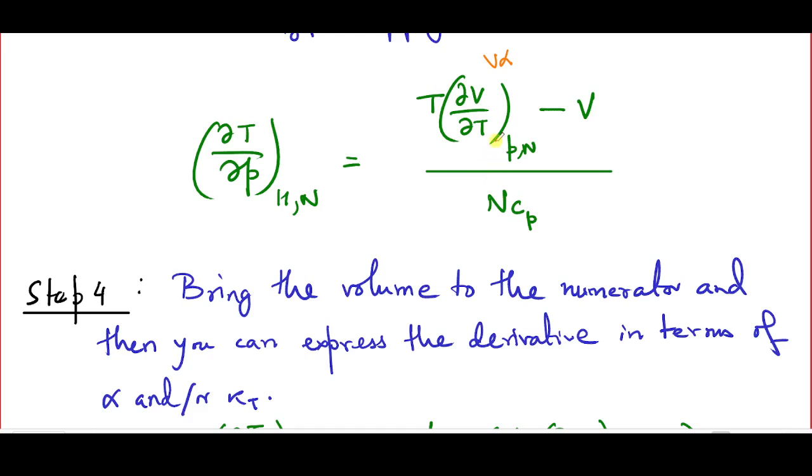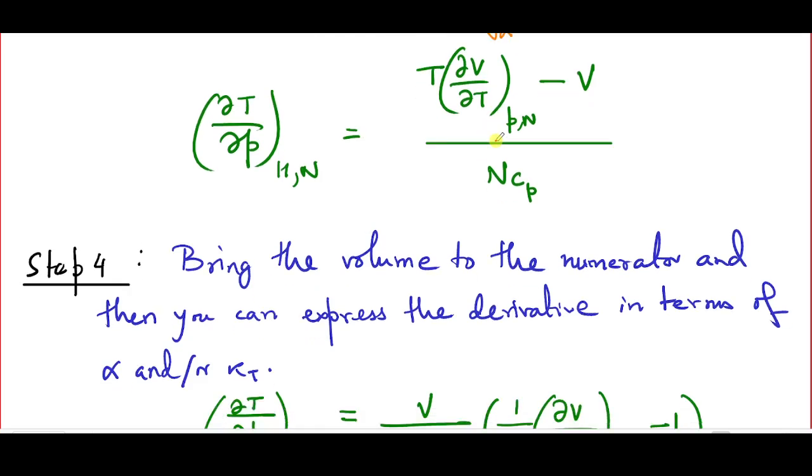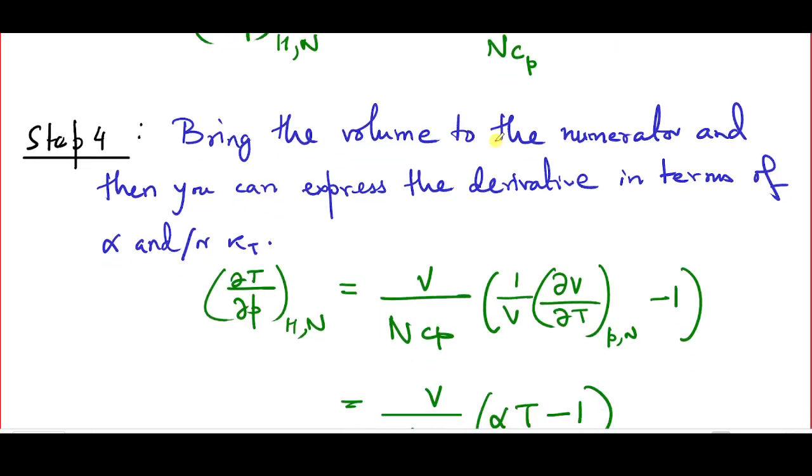So if you just put that in, you get the following result. Del T del P at constant H comma n, our mu JT, the Joule-Thomson coefficient, works out to be V over N Cp. I've just shown you the place where the alpha emerges here.